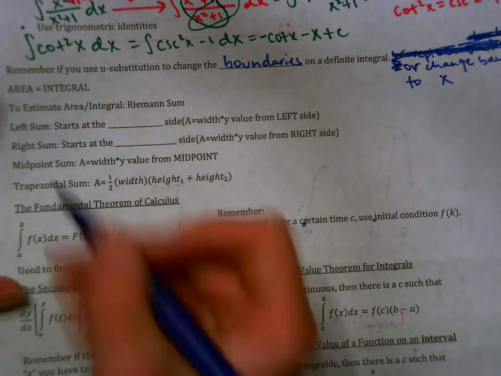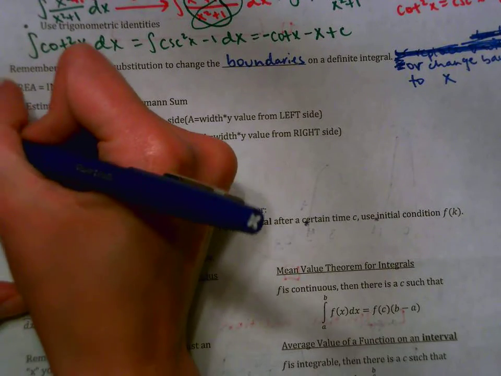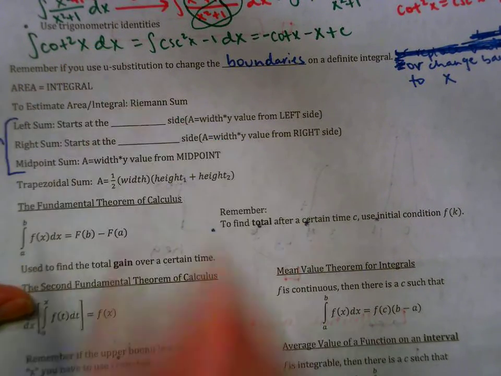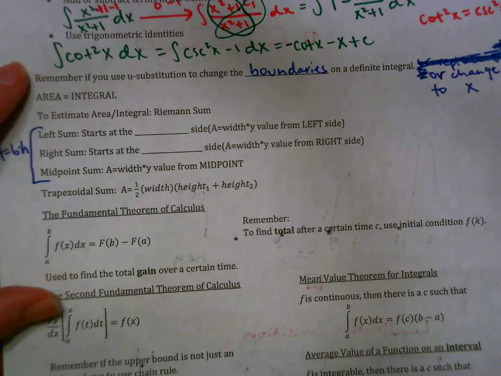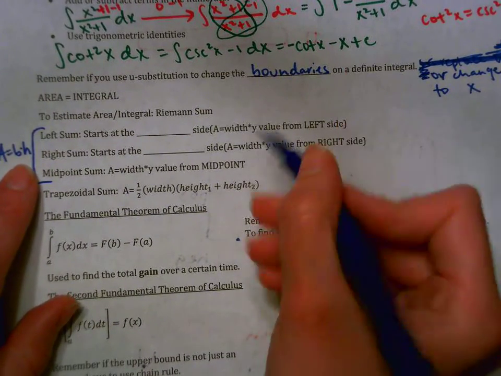So Riemann sum, left, right, and midpoint are all rectangles. So what's the formula for area of a rectangle? It's base times height. So what is the base? It's the width. And so how do you know the width?